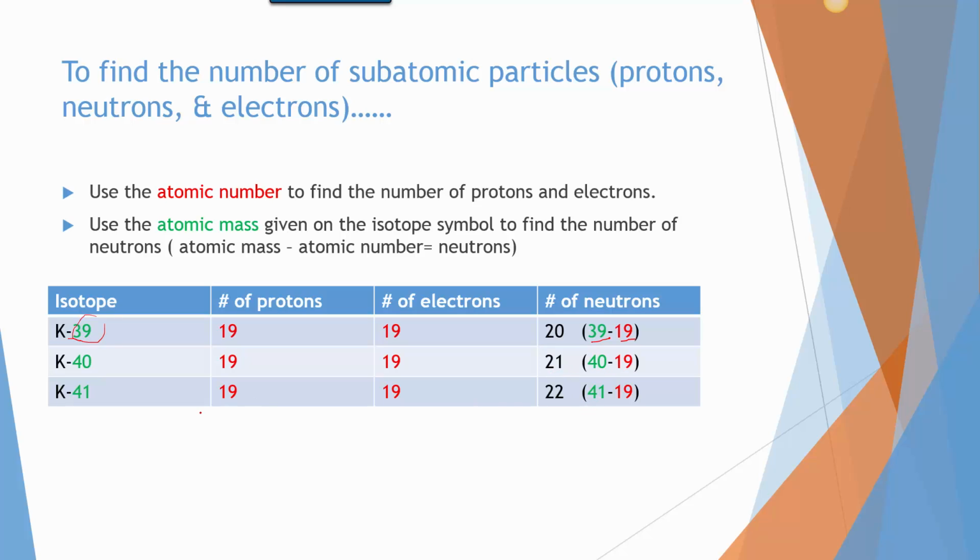And then isotope potassium-41 has a mass of 41. Subtract out the protons that are there, and you're left with the number of neutrons. So that's how you will calculate the number of protons, electrons, and neutrons from an isotope. And you just have to remember to use the mass that's given to find the number of neutrons, not the mass from the periodic table.